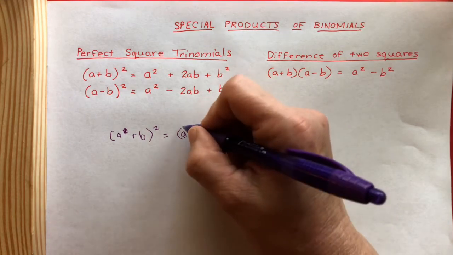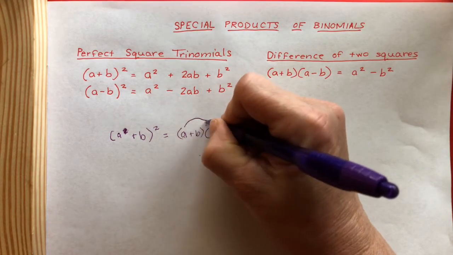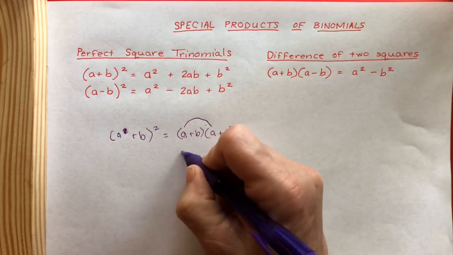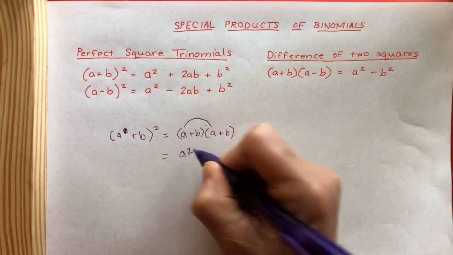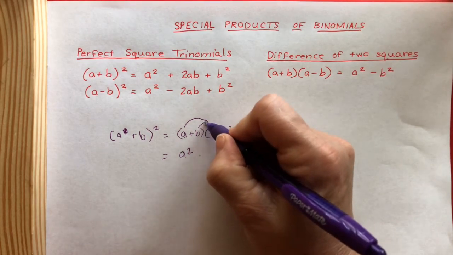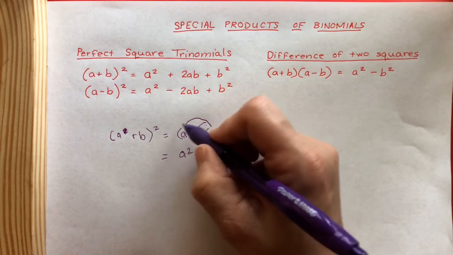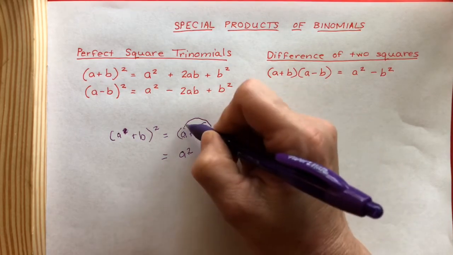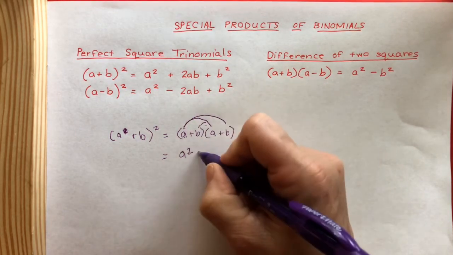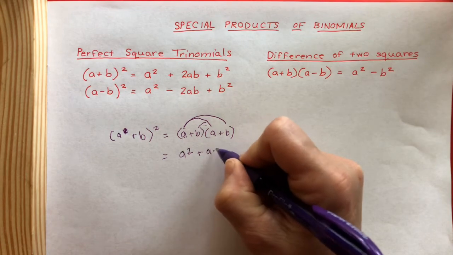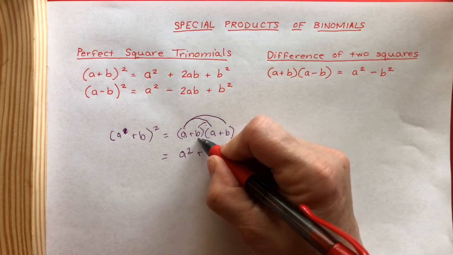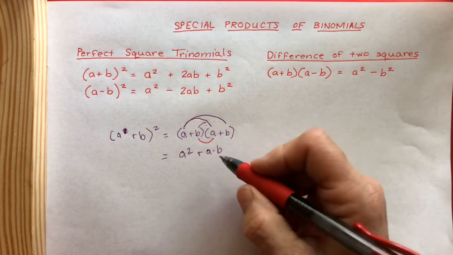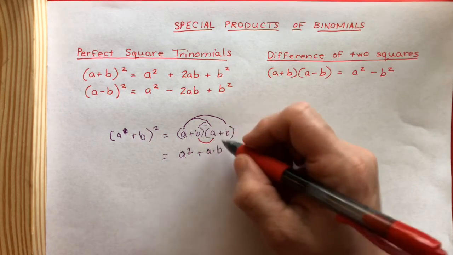So this way, we're going to do this one, a times a. So that's a squared. Now we'll multiply the a times the other term, plus a times b. Then we will do the second term, b times a, which is the same as ab.